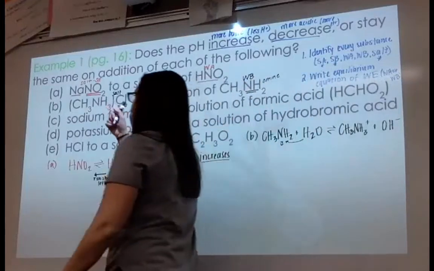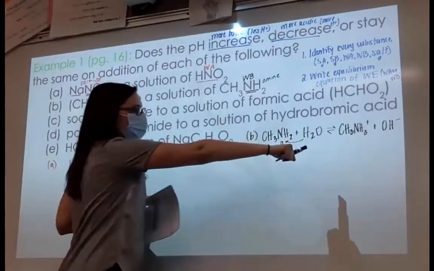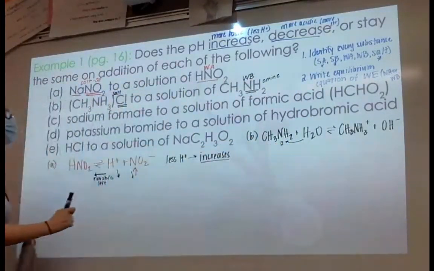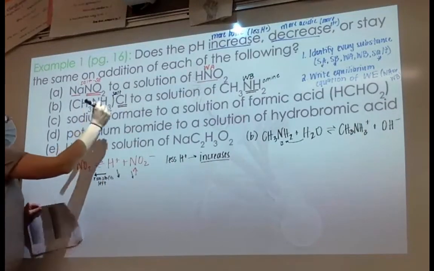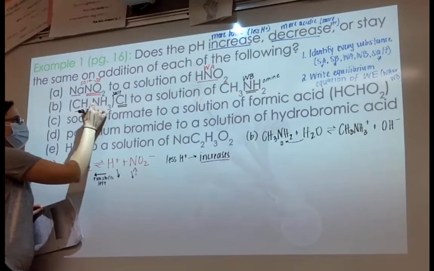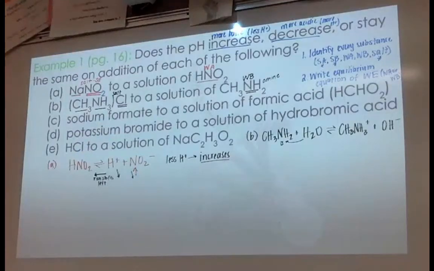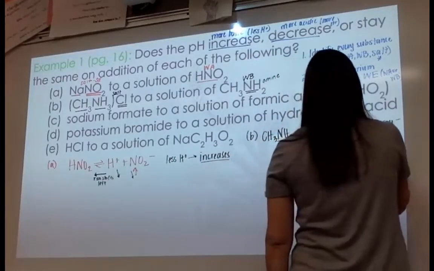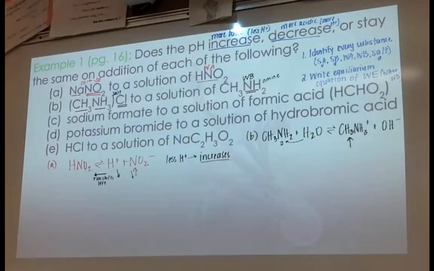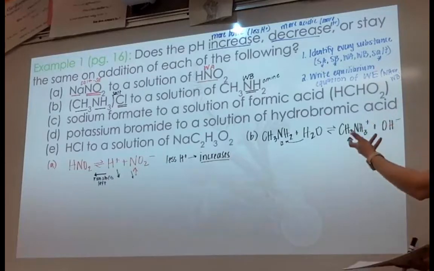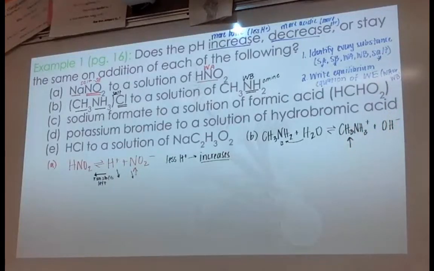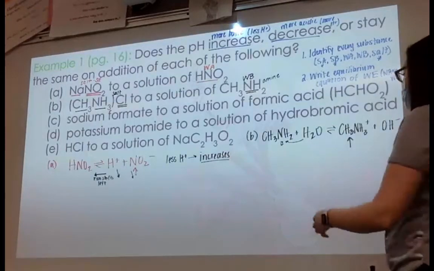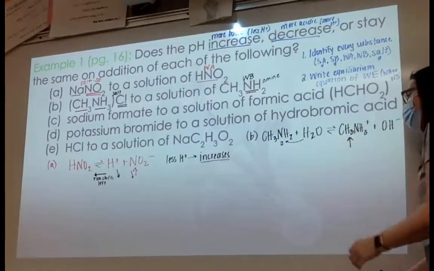Now notice, take a look at that equilibrium. See how we have CH3NH3 plus? Well, if I remove this Cl minus, we have CH3NH3 plus. There's our common ion. So my common ion, I'm adding CH3NH3 plus to what we already have at equilibrium. This is like what we looked at yesterday with ammonia and adding NH4 plus.